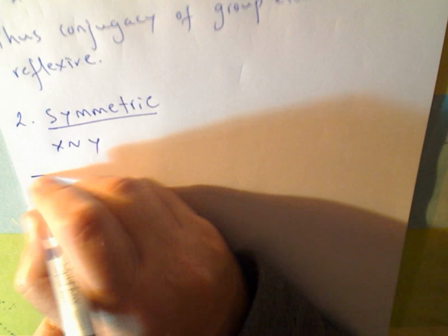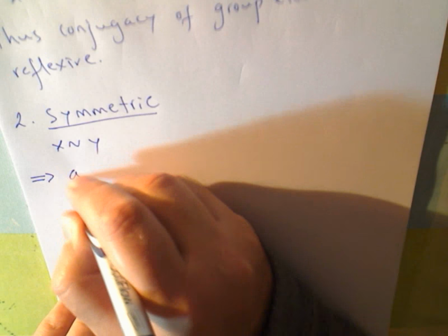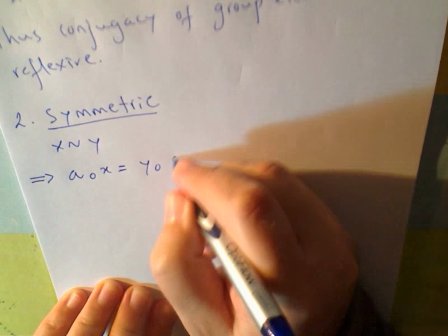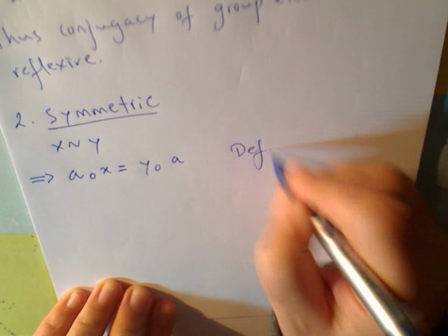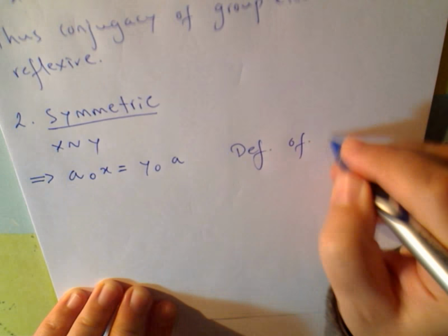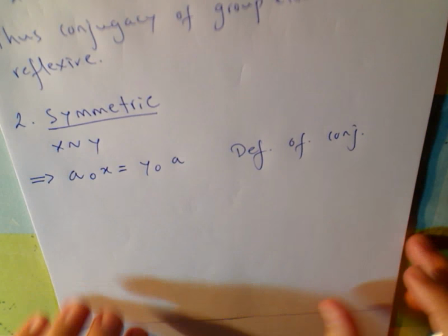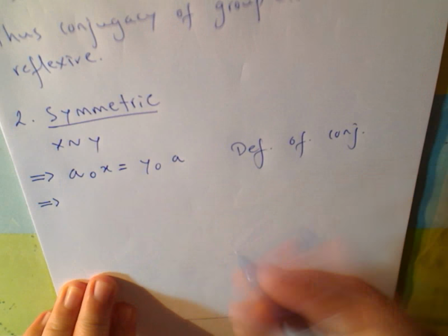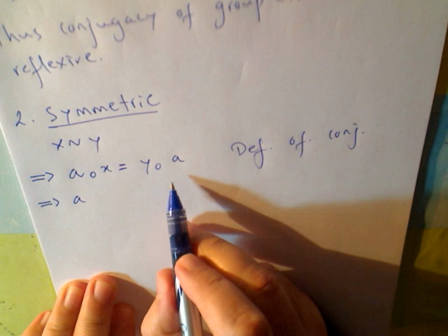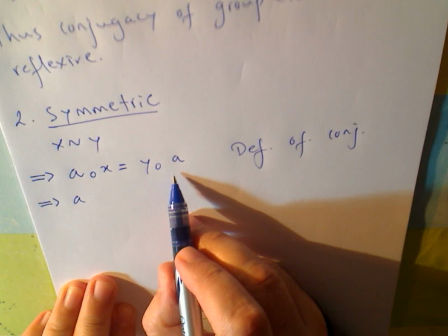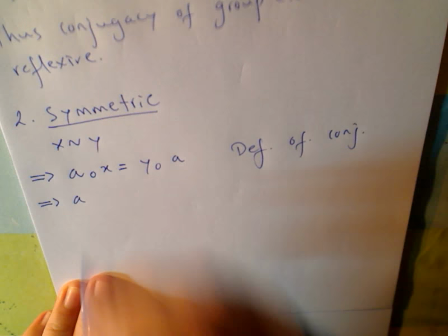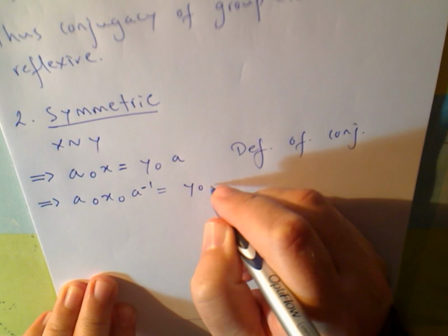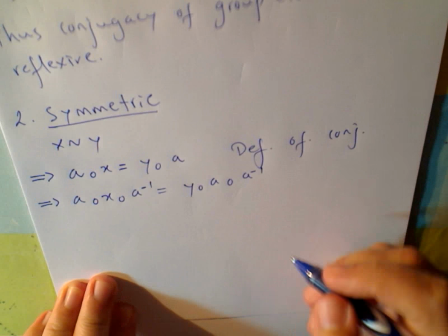So this means there is an A such that A operation X equals Y operation A. Well, that's the very definition of conjugacy, right? Okay, now we can take these group operations. We take the right inverse on both sides.